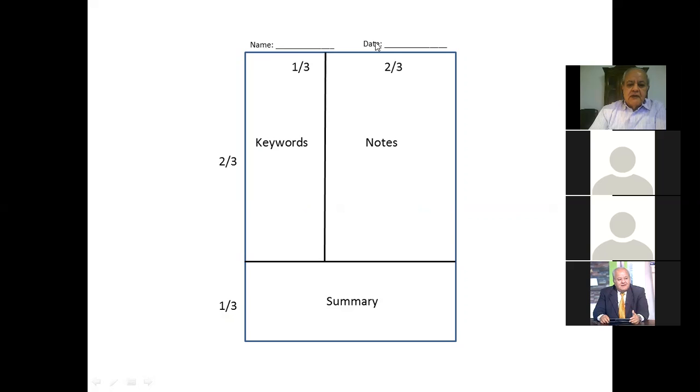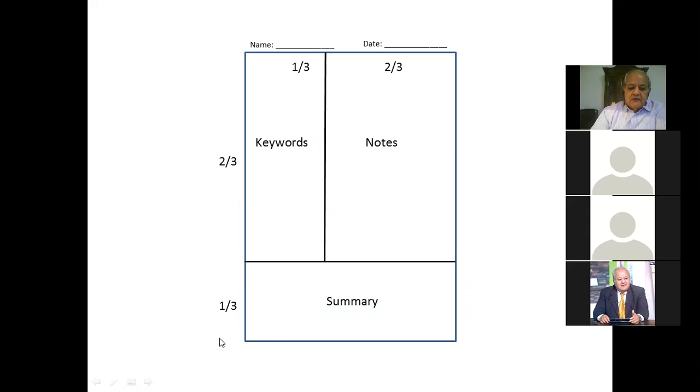Write your name and date on the top of the paper, and in the left 1/3 you write new keywords that you learn during the lecture or session. The right side, the 2/3, you write notes about the keywords or about other things.